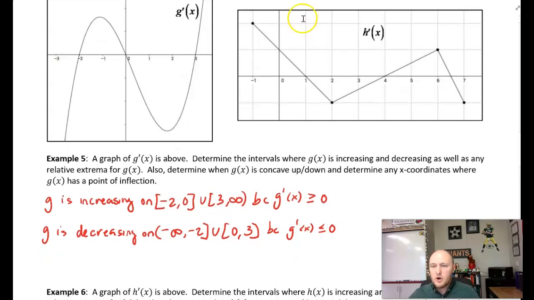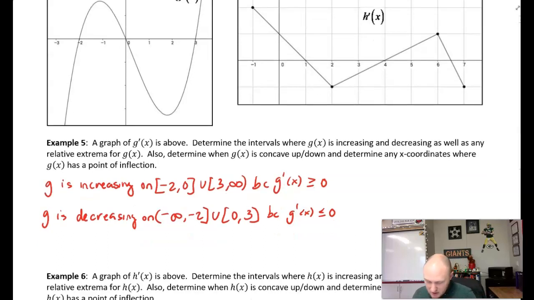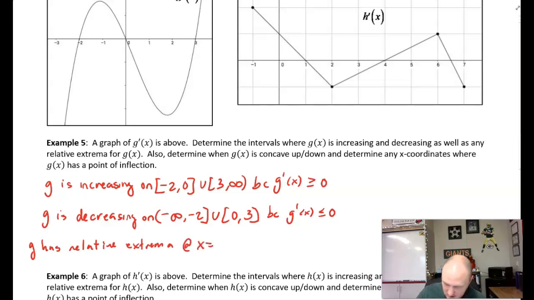Okay, so where we changed, however, that is going to be relative extrema. So we can say g has relative extrema at x equals -2, 0, and 3, because g prime changes signs.